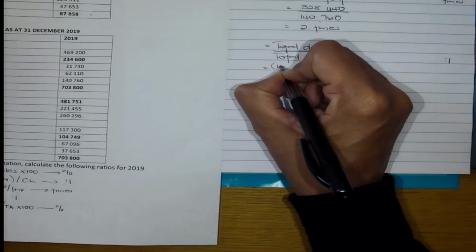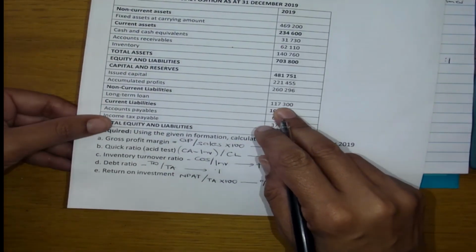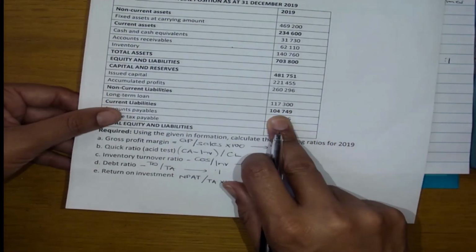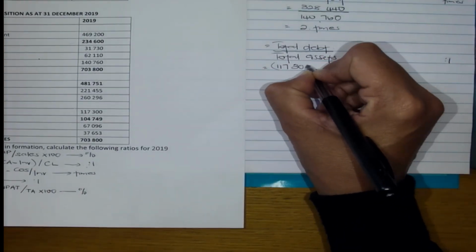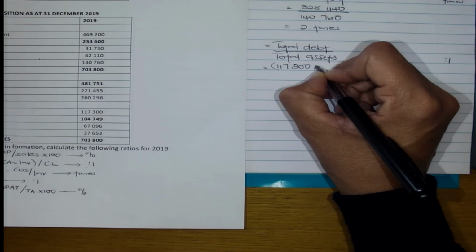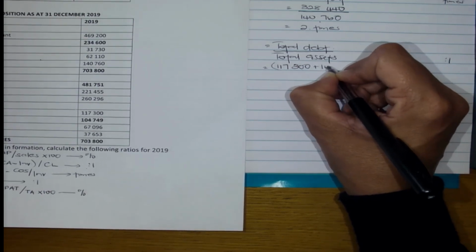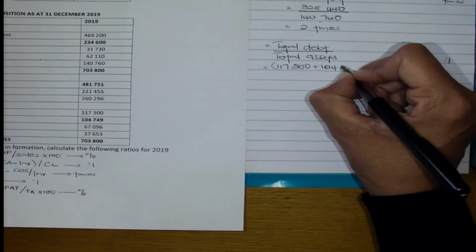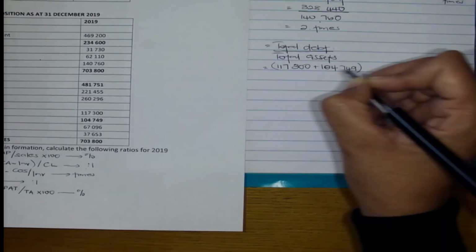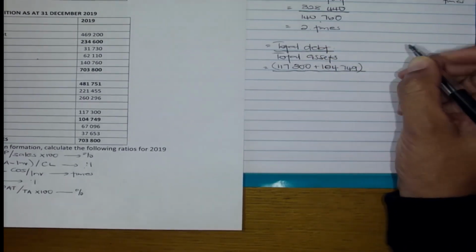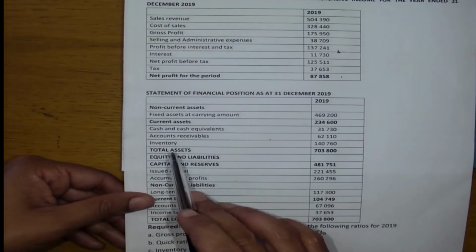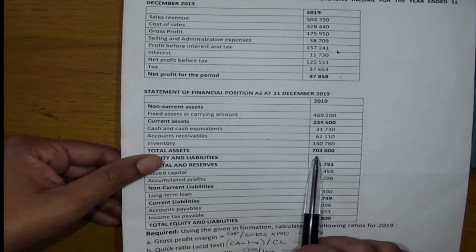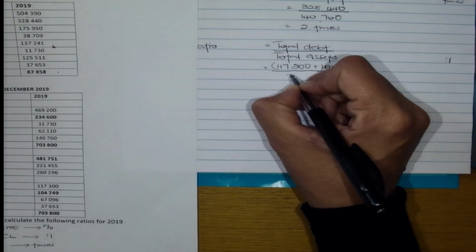So we're going to take our non-current liabilities, which is 117,300, plus our current liabilities, which is the 104. We're going to add that together.